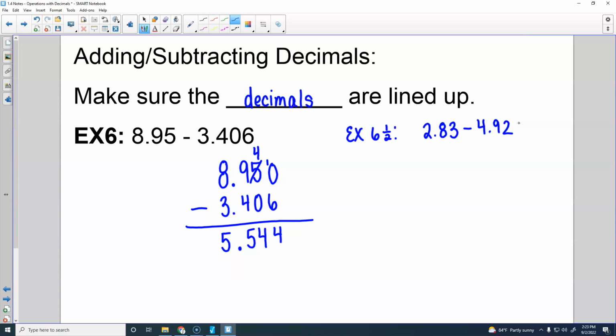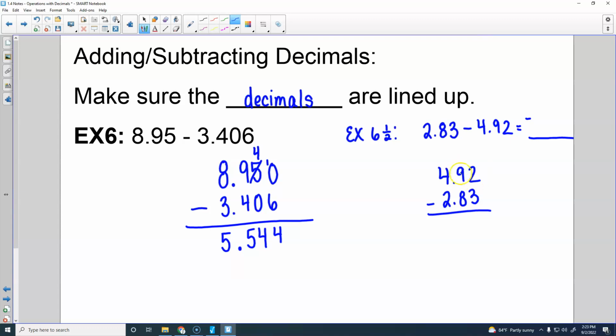The bigger number has to go on top for you to do this by hand. But what do we know about our answer that we're going to get here? It's got to be negative. So to figure it out, we're going to do 4.92 minus 2.83.